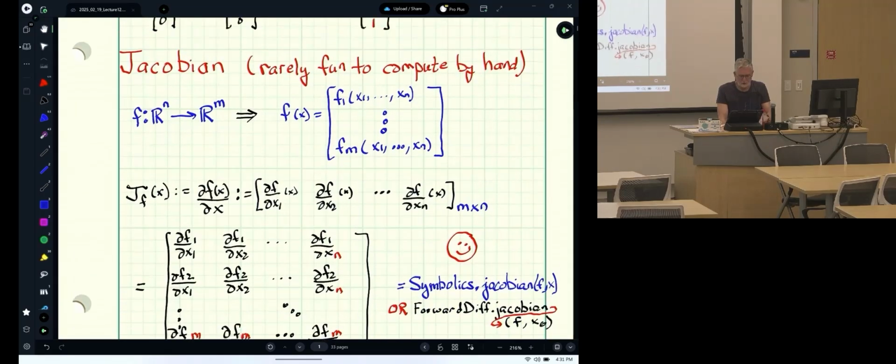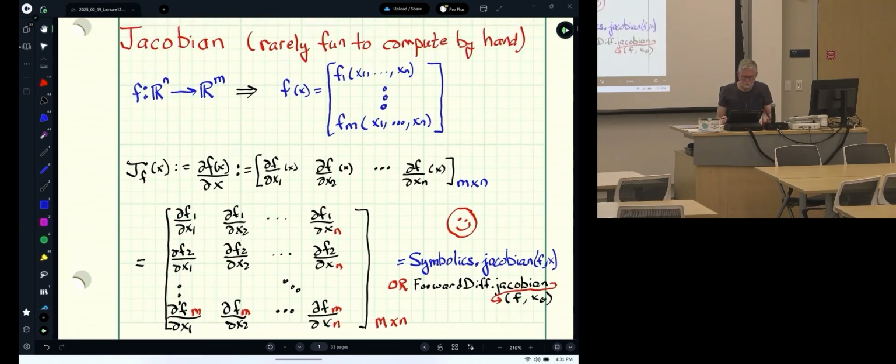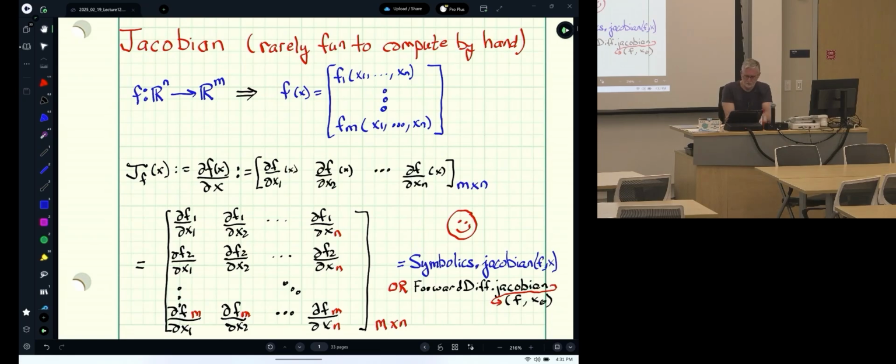Now, because we know linear algebra, we can work with functions that are vector valued, not just variables that are vector valued. And then it's natural to package up all of the partial derivatives into a matrix called the Jacobian matrix.